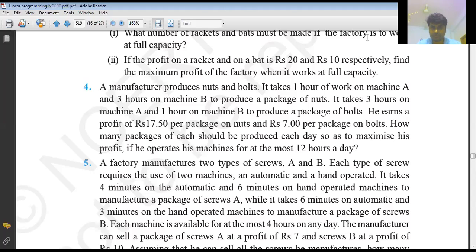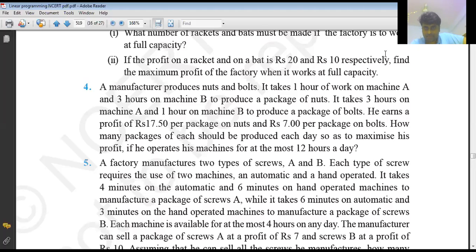Question number 4. A manufacturer produces nuts and bolts. First of all, as I told you, there are four steps to solve every LPP. What is the first step? We have to understand the given problem, whether the question is to minimize or maximize, and what the objective function is.